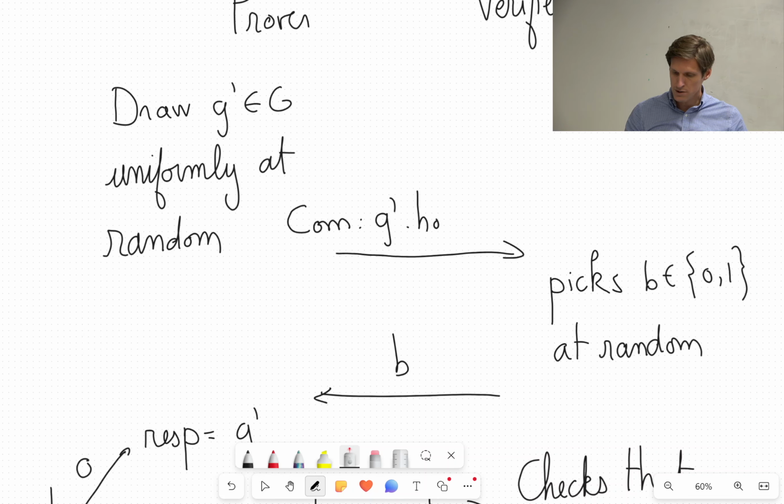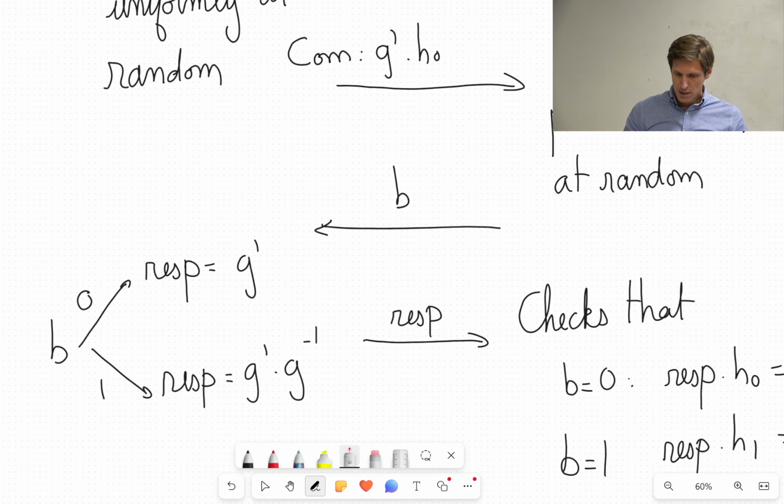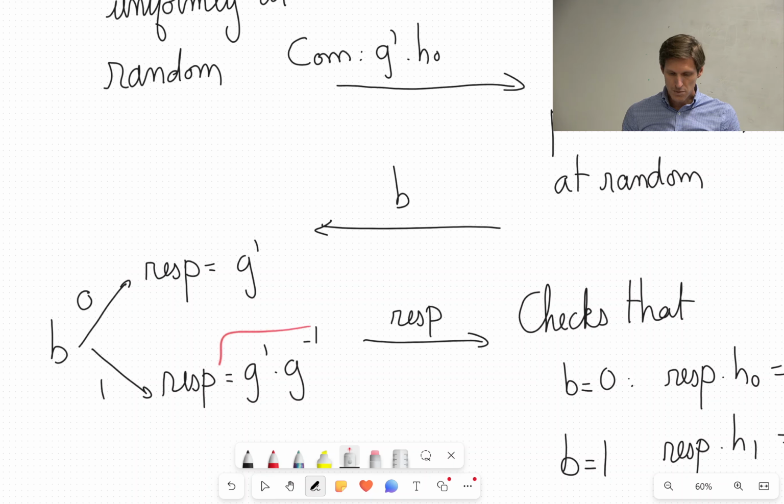Then the verifier will communicate a challenge to the prover, and the prover doesn't know the challenge in advance. The challenge is, in this case, because it's the simplest way to proceed, just one of two questions. So it draws a bit, 0 or 1, and depending on that bit, the prover will have to communicate a different response to the verifier. If the bit is 1, the response needs to be just that random element G' that was acting on H0 at the beginning. But if the bit is 0, then it's going to be G' times the inverse of your secret.